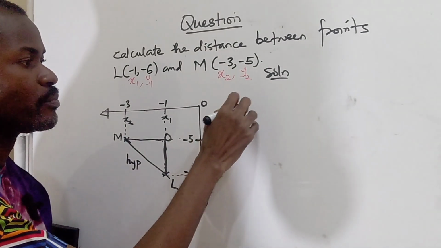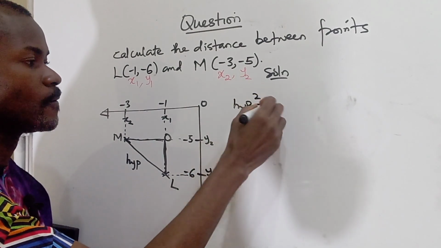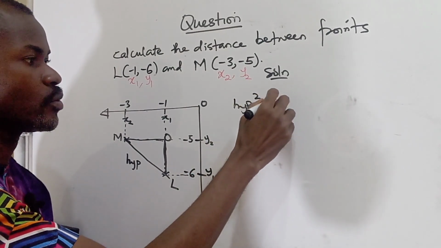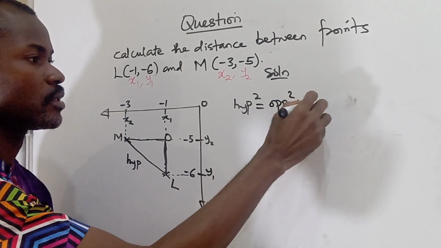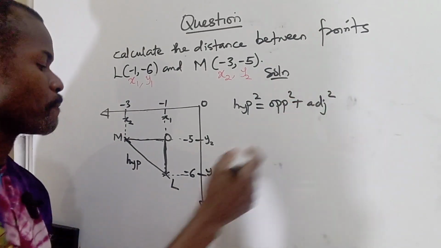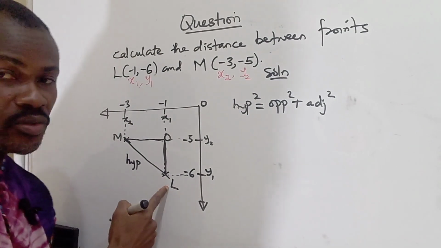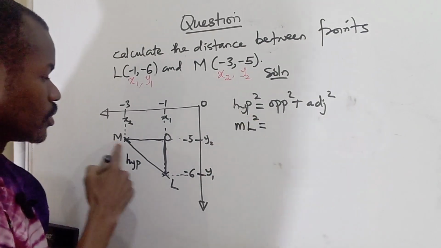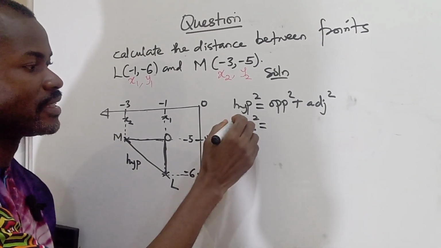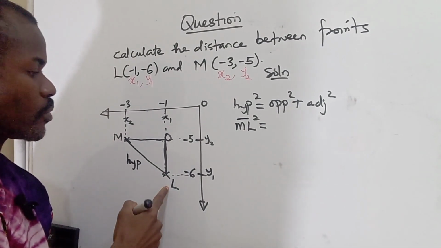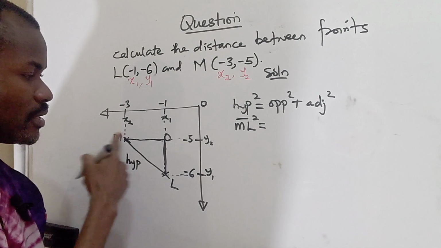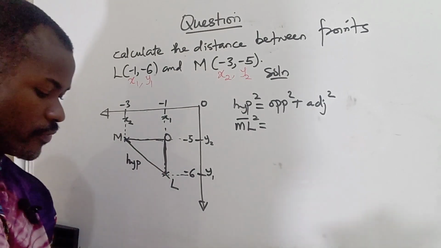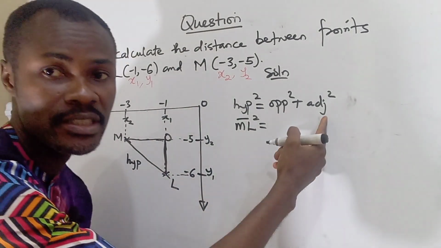So remember my hypotenuse square is equal to my opposite square plus adjacent square. So our hypotenuse is actually ML square. So ML, that's the distance ML. So we can use any of these, MO and OL, for our opposite and adjacent.